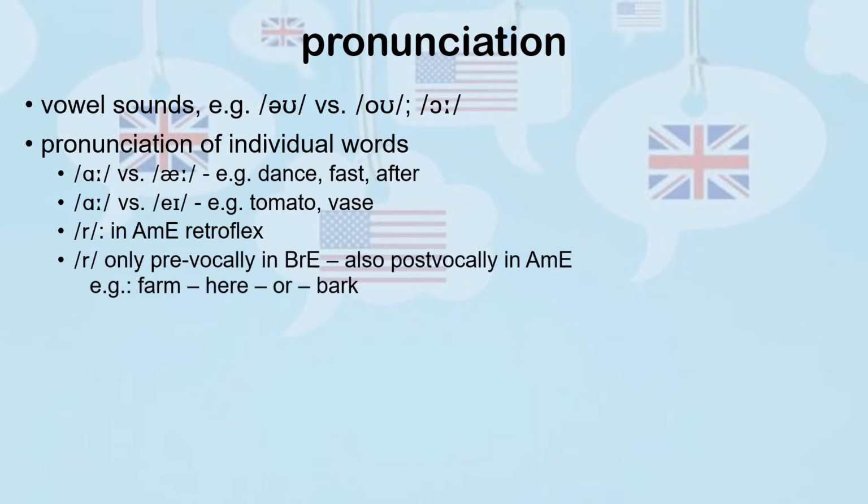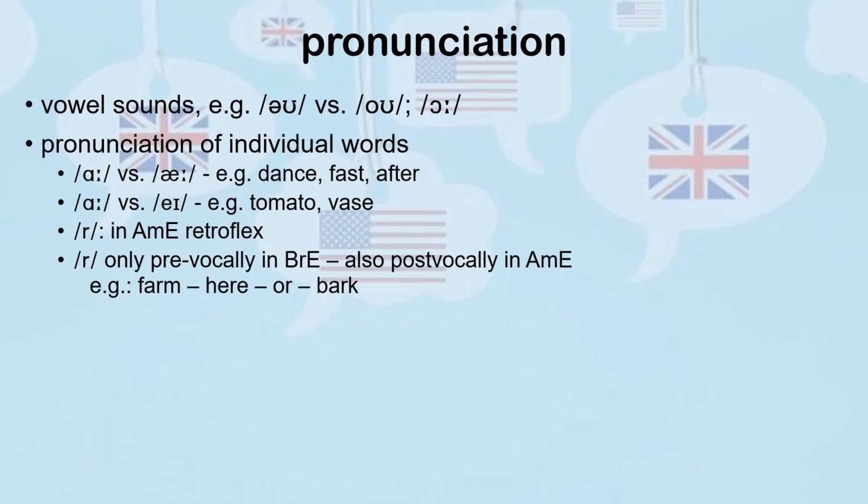In British English, that R is only used if it occurs in front of a vowel, pre-vocally, whereas in American English, it's also used after a vowel, post-vocally. For instance, we have farm, British English, no R there, not even a trace of an R, whereas in American English, you get farm.